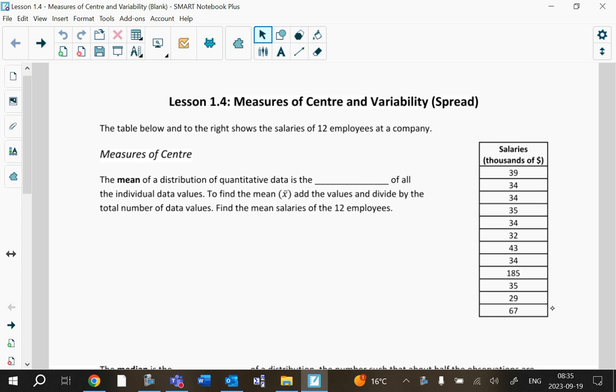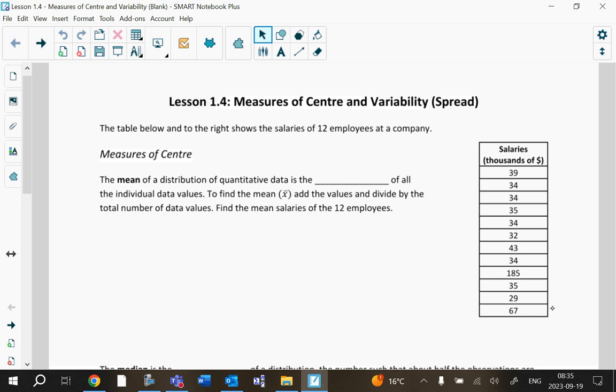For quantitative data, there's much more analysis involved because we can analyze four things. Do you remember what they are? The four main components of analyzing a distribution of quantitative data: shape, center, variability, outliers.